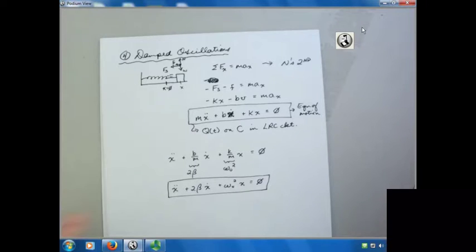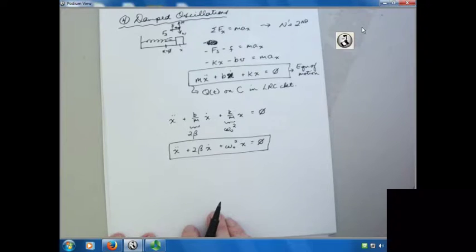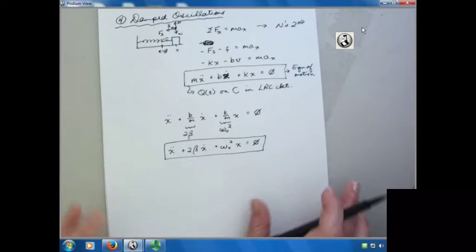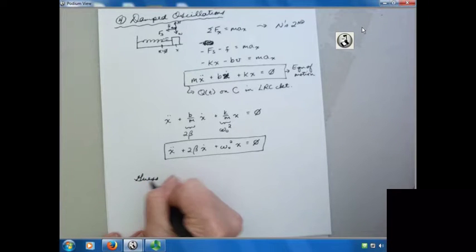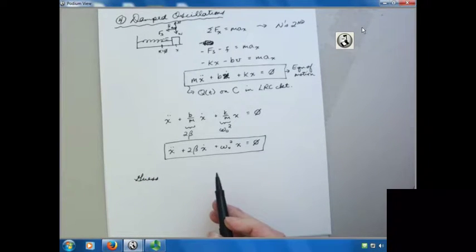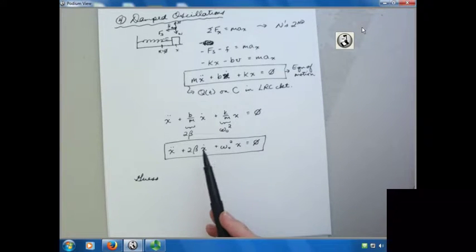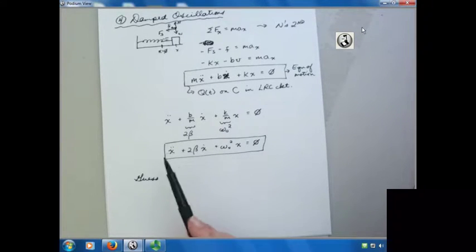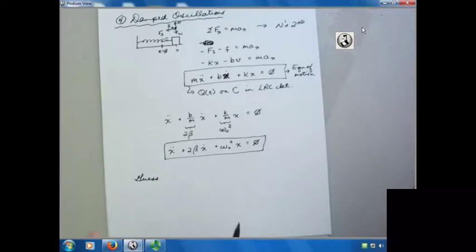And now the thing to do, because this is obviously a differential equation, is we're going to guess a solution. My guess is going to be, well, I've seen stuff like this before. I need it to be a case where I have a function and its first derivative with respect to time and its second derivative with respect to time, and somehow everything adds up to 0. The only way that can work would be if these all were just functions of x and their constants could add up to 0.